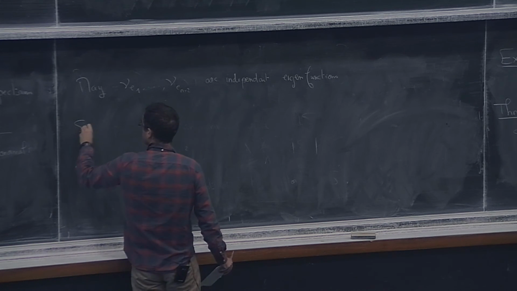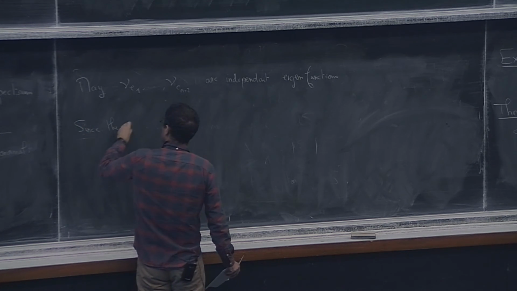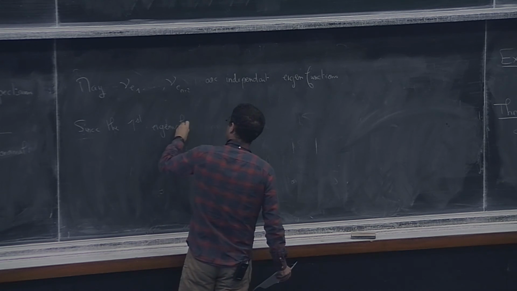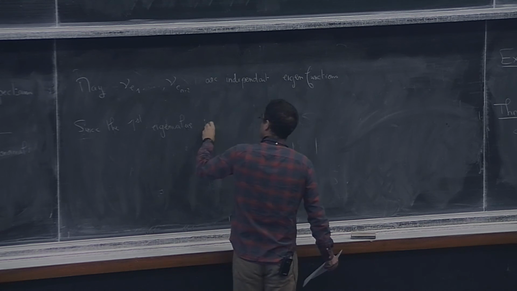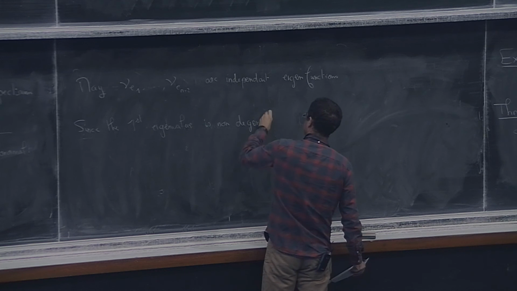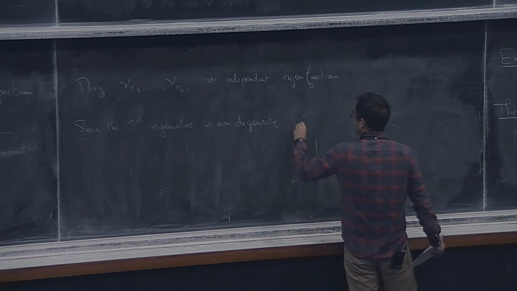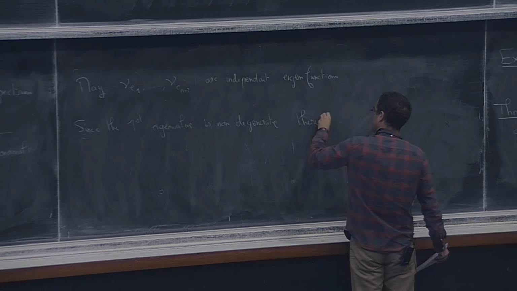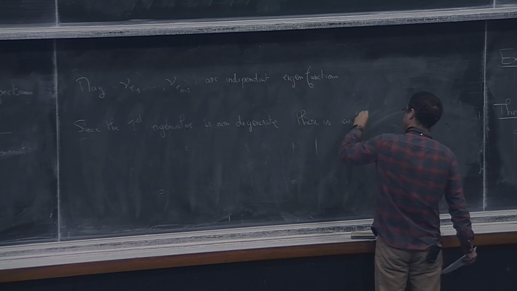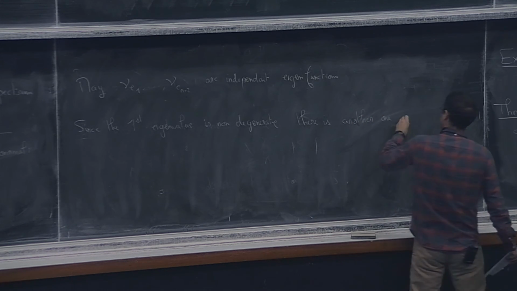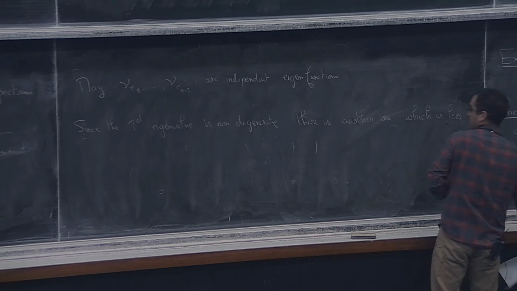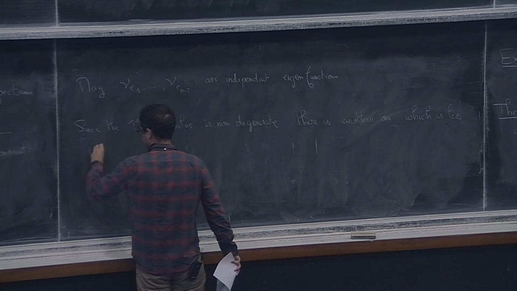So since the first eigenvalue is non-degenerate, there is another one which is less than minus n.